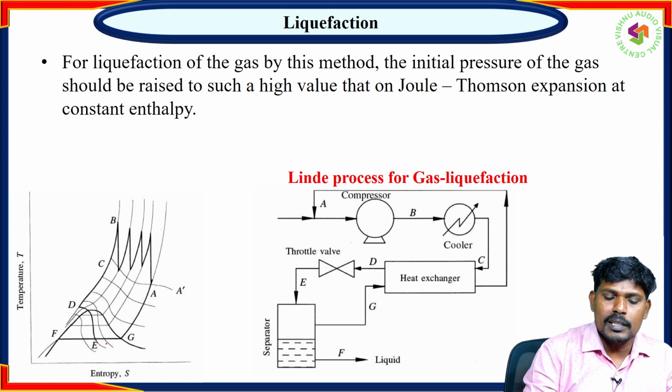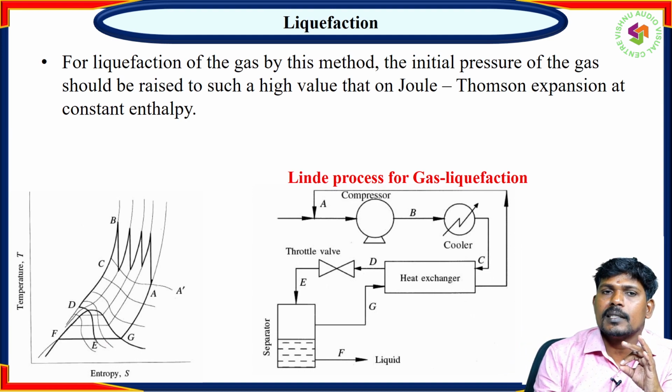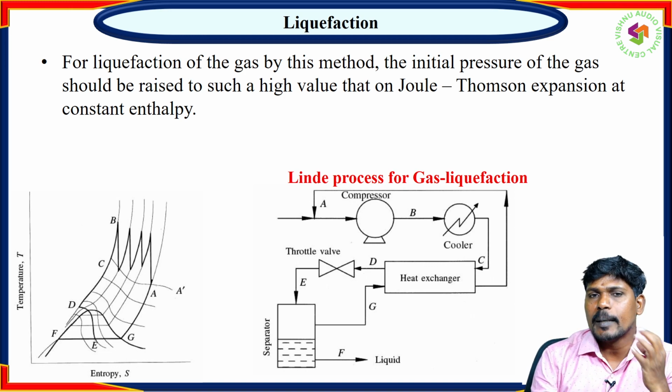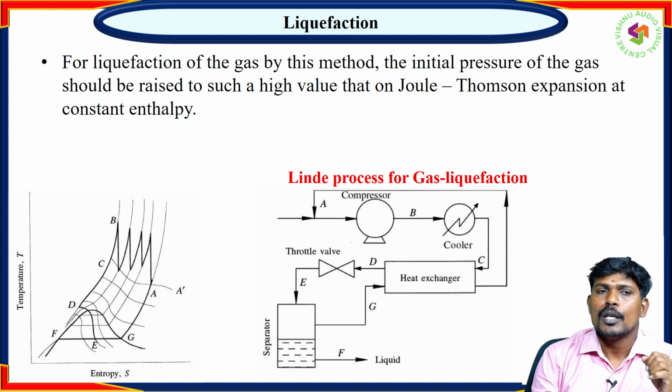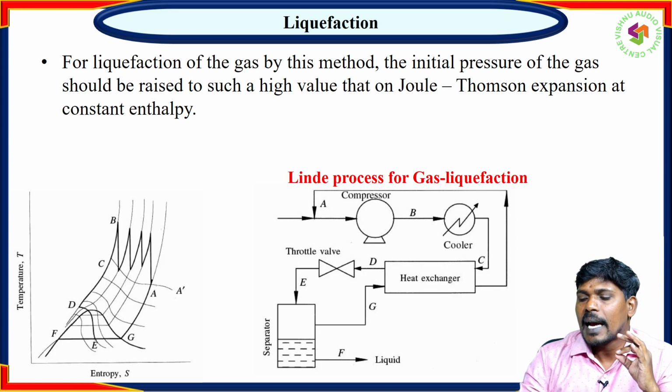So the Joule-Thomson method is a principle that says if you want to convert the gas into liquid, initially you need to abruptly increase the pressure. Then only it is possible. Based on this principle, the Linde process was developed for gas liquefaction.